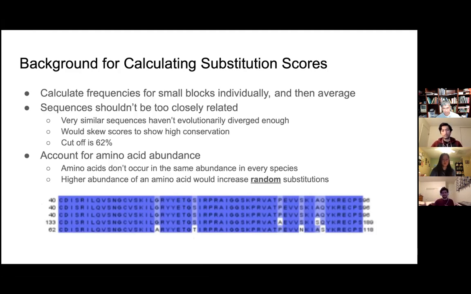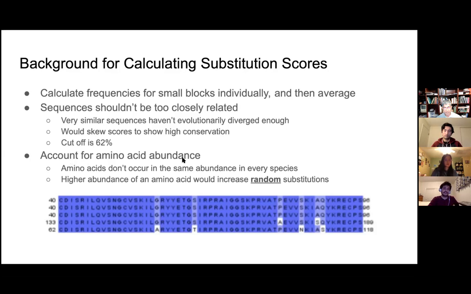But then if you look at the same protein in more distantly related species, you'll find, oh, wait, we're not seeing the same high conservation. What happened? That's because it just hasn't diverged enough. So the cutoff score, there are many types of cutoff scores, but for this class, it's 62%, which is where we get BLOSUM 62 from. So if it's more than 62% identical, you won't use multiple of those proteins.